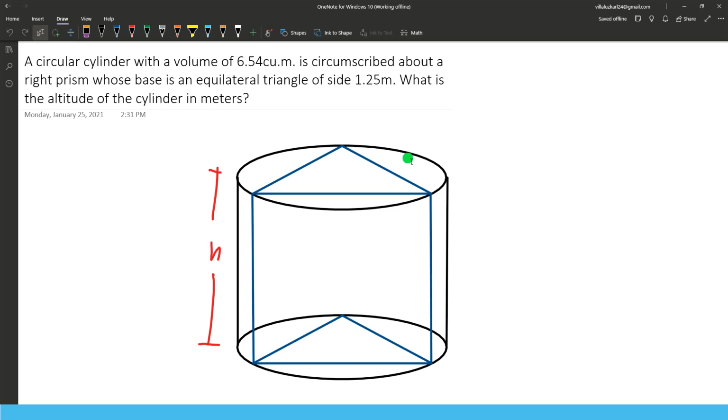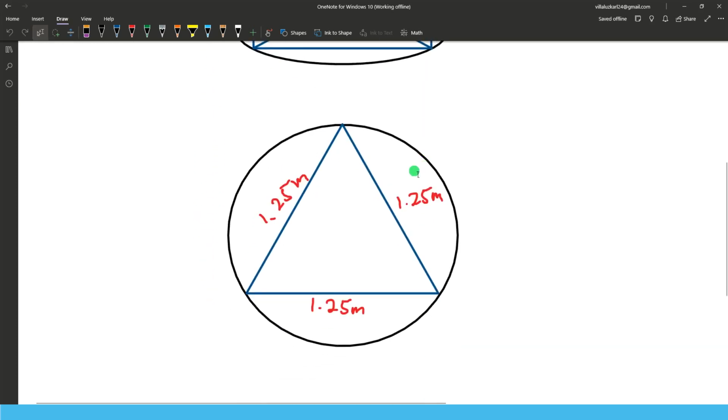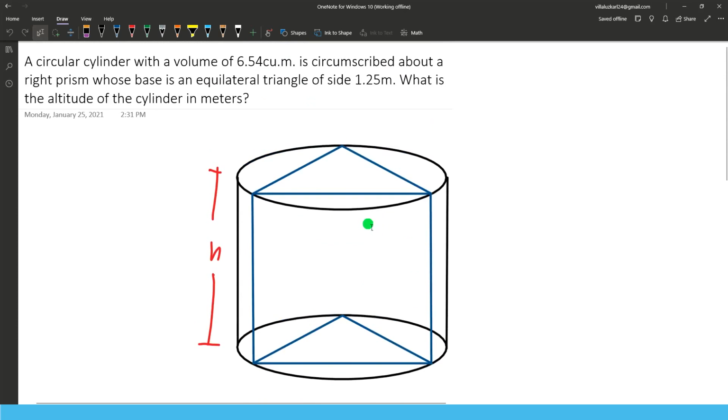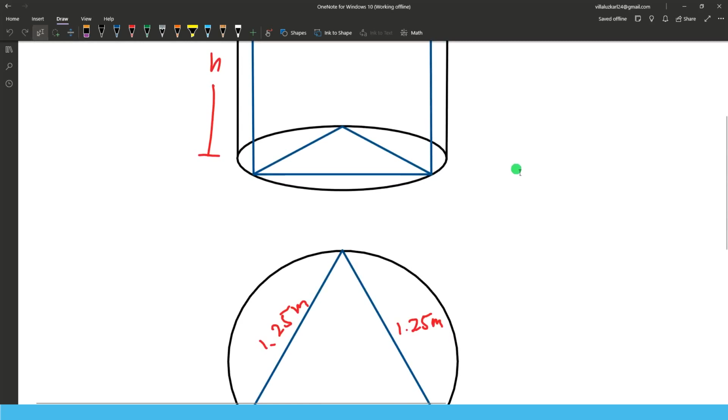Given the side of the equilateral triangle base of the prism, which is 1.25 meters, this is the base of the prism and the cylinder. What would be the altitude of the cylinder in meters?